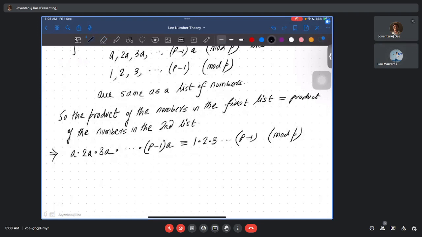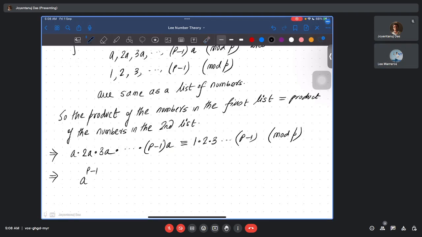Now here you can see that each of the terms contains a. How many a's are there? p minus 1 a's. So you can separate out a to the power p minus 1.